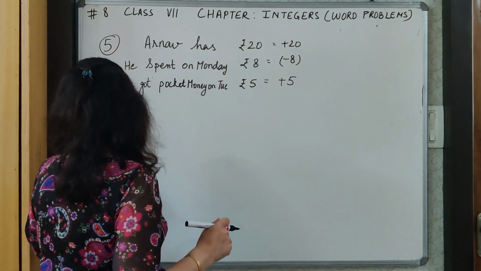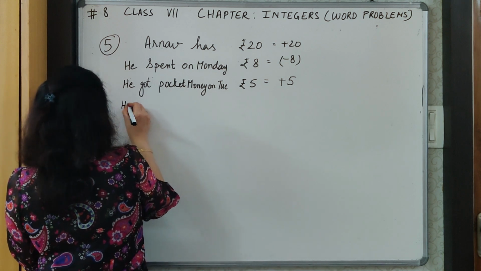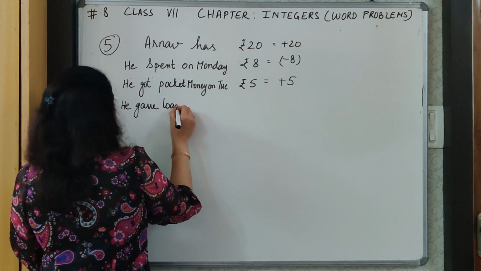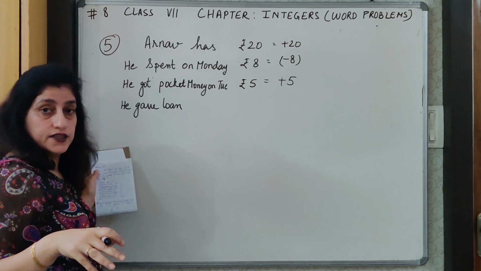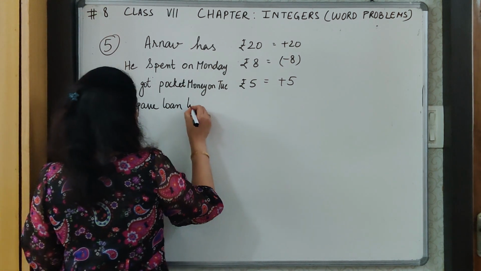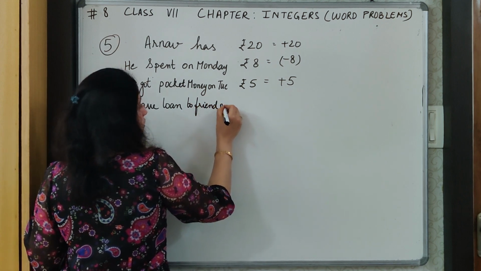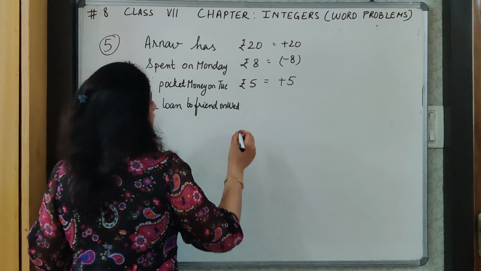Then he gave loan. What is loan? Loan is when we give money to somebody which has to be returned. So he gave loan to a friend on Wednesday. How much loan did he give?